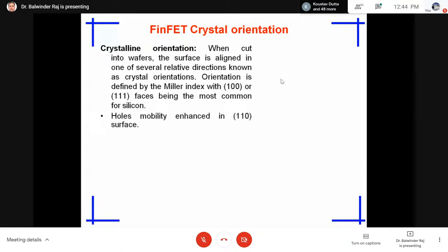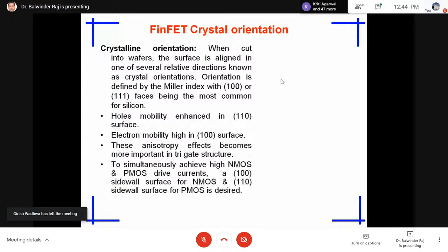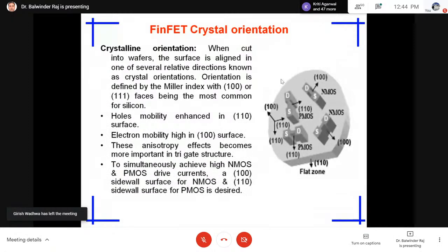So next is the fin crystal orientation. Crystal orientation is the surface alignment. When we cut the wafer, the surface alignment is in some particular direction. That alignment is represented by 100, 111 or 110. If we have 110, then that is highly used for enhancing hole mobility. For electron mobility enhancement, we use the surface orientation 100.